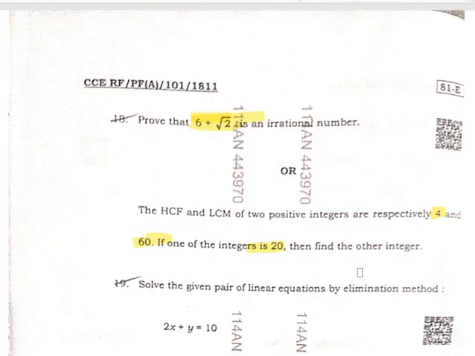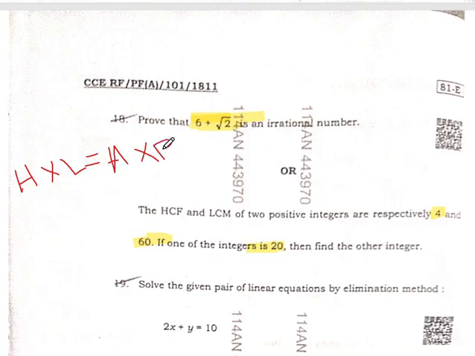For this, you have to know the relation: the product of HCF and LCM of two integers equals the product of the two integers, that is A into B.